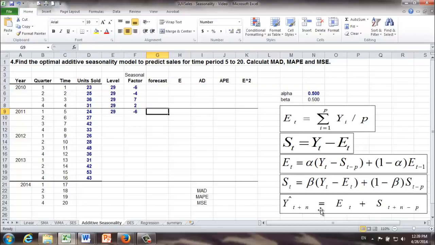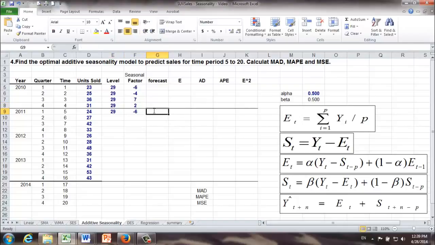Since we are looking at predicting sales in time period 5, we don't know E5 and S5 just yet. All we know is E1 through E4 and S1 through S4.